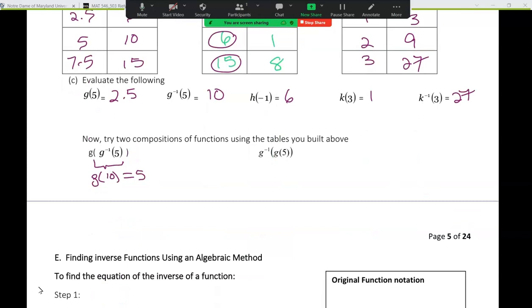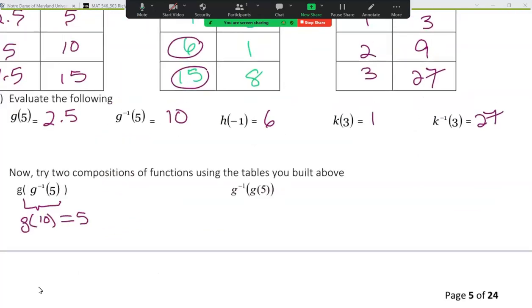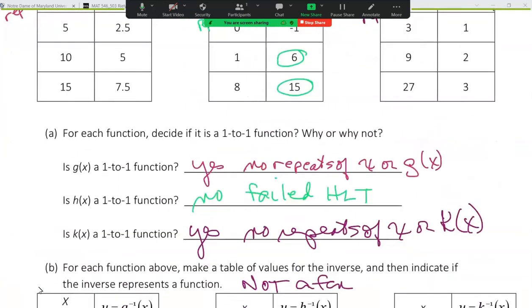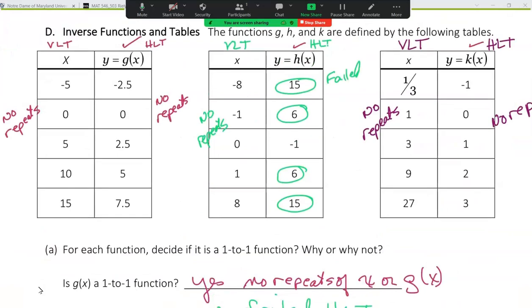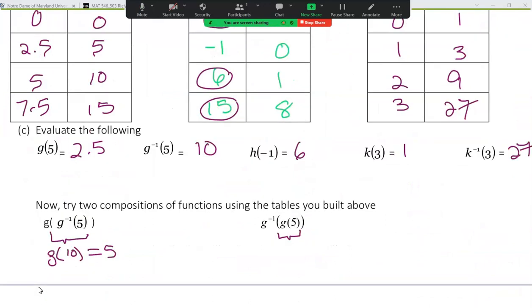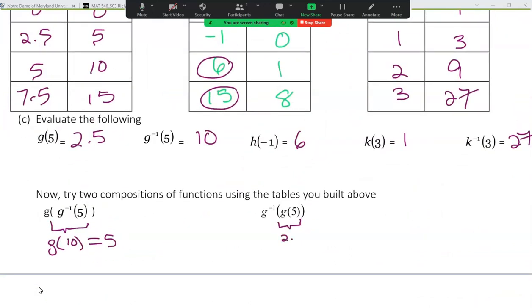So think about that. Okay, let's do the same thing over here. Inside, figure out this first. What's g of 5? Come up here. g of 5 is 2.5. So this is going to be 2.5. And so now I'm looking for g to the negative 1 of 2.5.